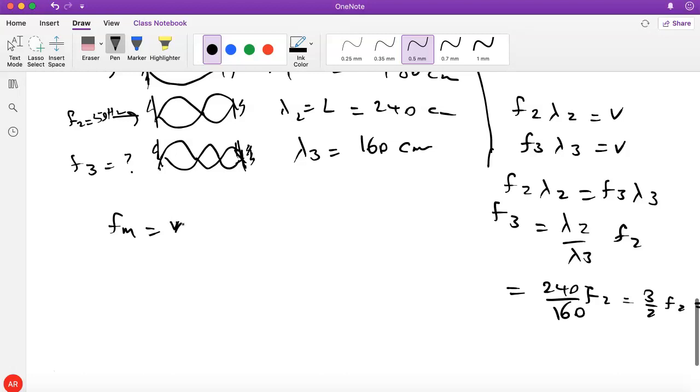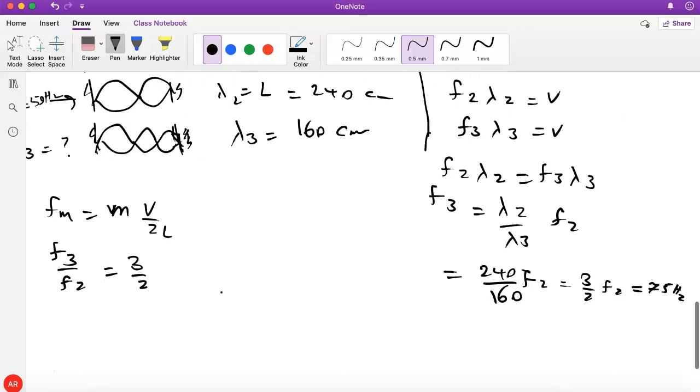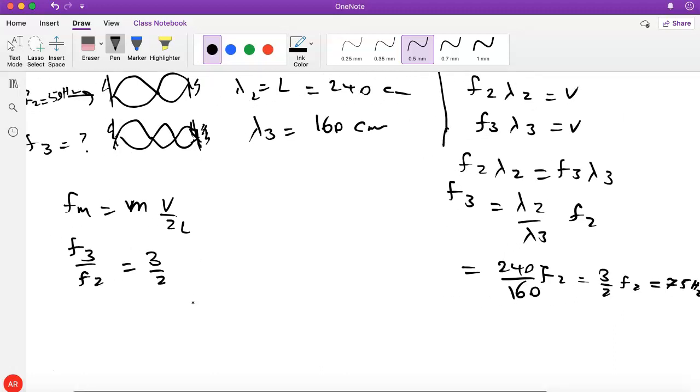Therefore f3 over f2, we immediately see v and L are the same, so it's going to be 3 over 2, right? And so that's a more direct way, not worrying about lambdas, just using the equation for the frequency. So you have different ways to solve this problem.